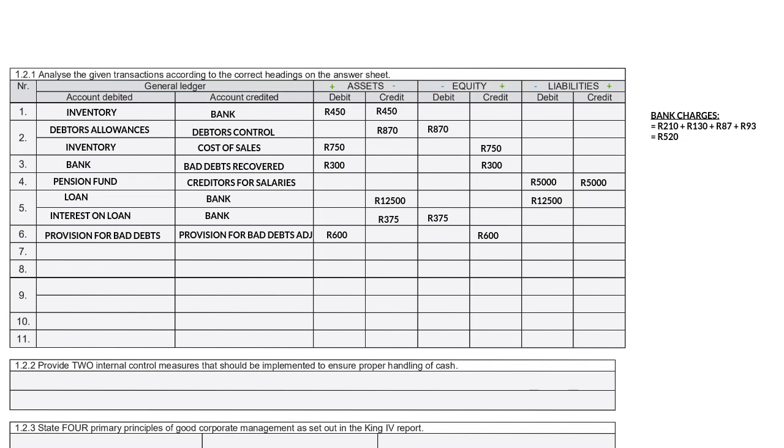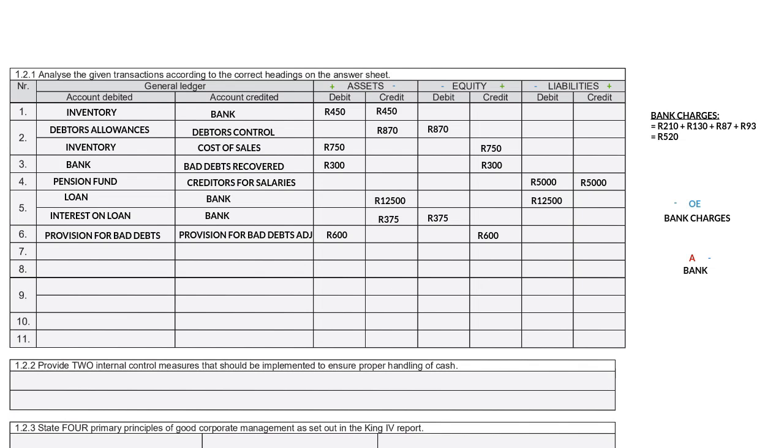The two ledger accounts involved in this transaction will be called bank charges, and the other account is called bank. Bank charges is an owner's equity. Bank is an asset. Both of these will have a negative effect in our accounting equation.